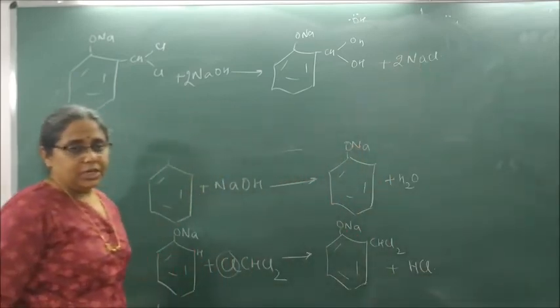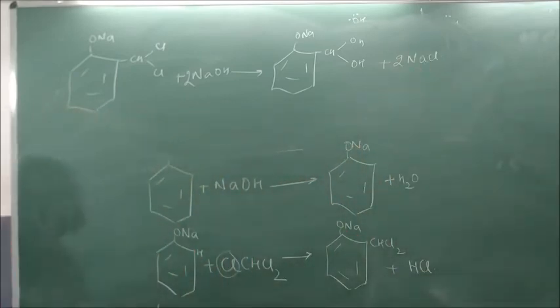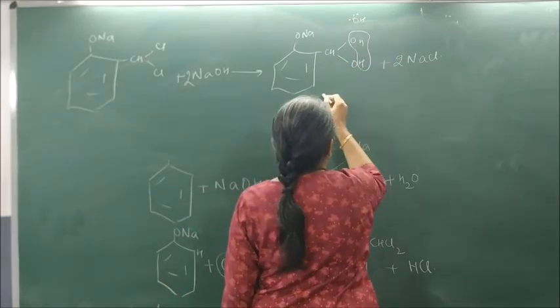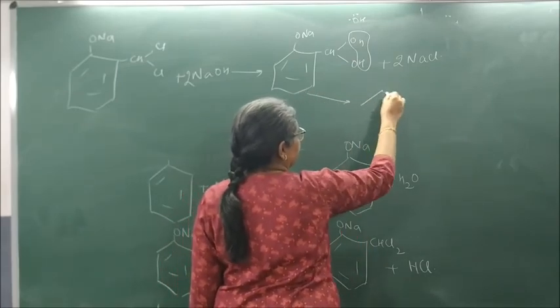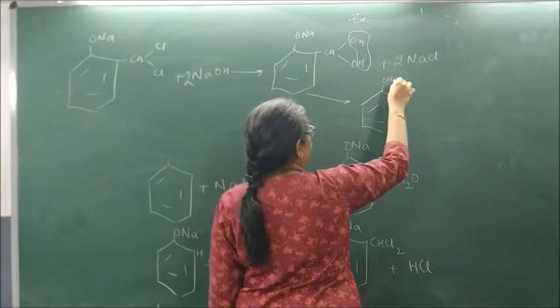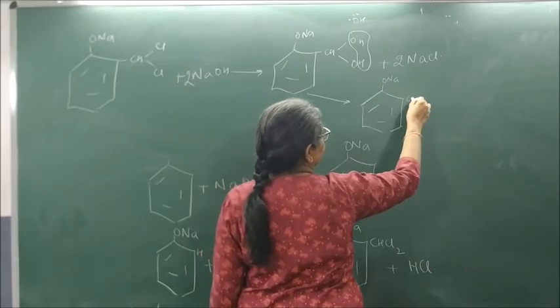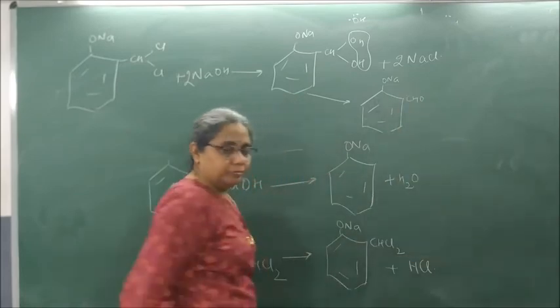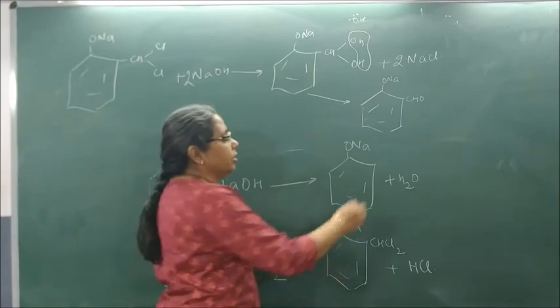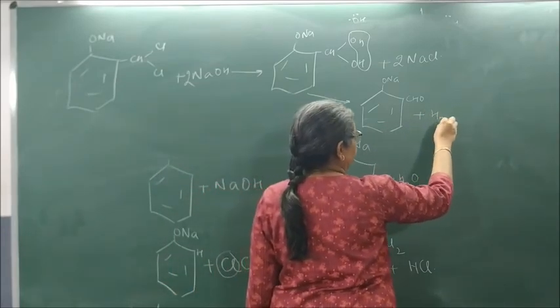Fine. What have we studied till now? No two OH groups should be attached to the same carbon atom. If they are attached, what happens? There is elimination of a water molecule. So this is how it will be eliminated to form C6H5ONa with a CHO group attached, plus H2O.